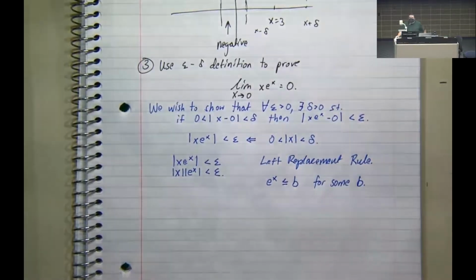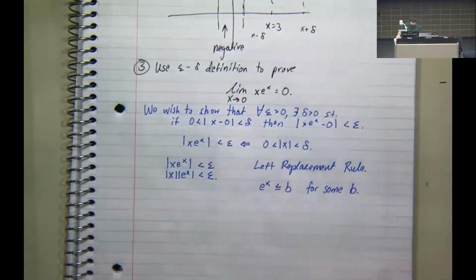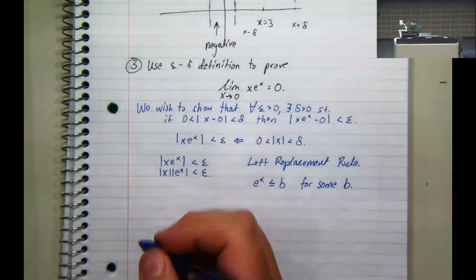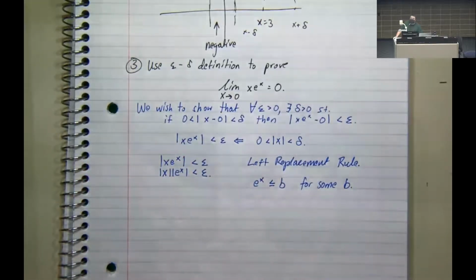And we're going to have to determine what that value of b is. We don't know what the unknown value is. We don't know what b is.